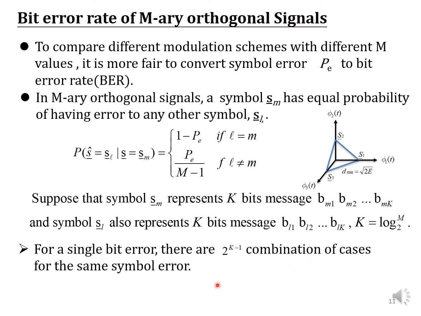And for a single bit error, there are 2 to the k minus 1 combinations of cases for the same symbol error.